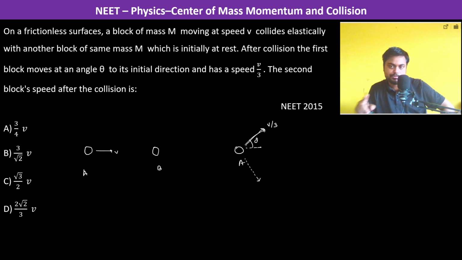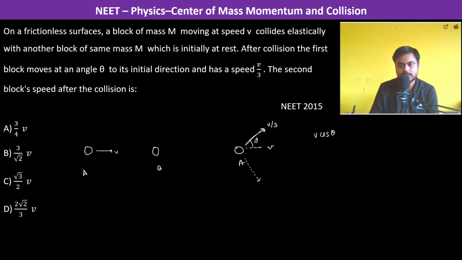Since the velocity is going to get exchanged, A will retain its velocity, which is parallel to the line of impact. So the line of impact is this. Since this is V, V cos theta is equal to V by 3.